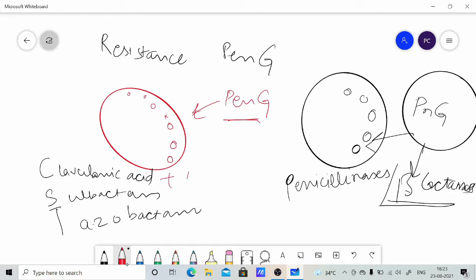Clavulanic acid is given with amoxicillin, sulbactam with ampicillin, and tazobactam is given with piperacillin. Along with the penicillinase inhibitor, we can also have penicillinase resistant penicillin.